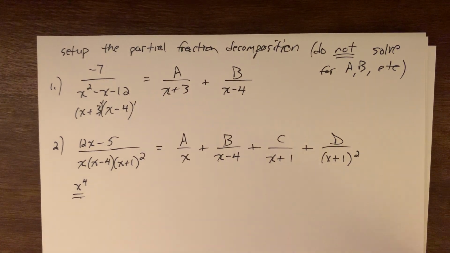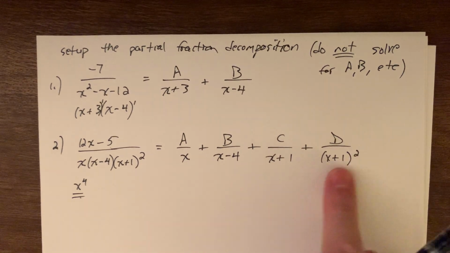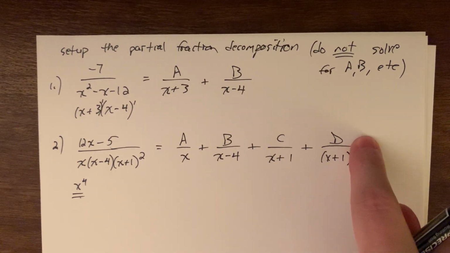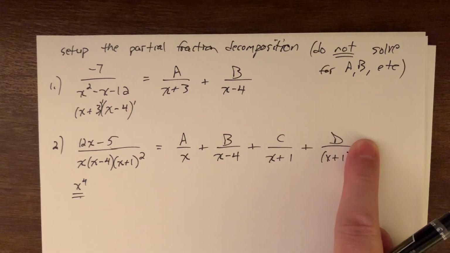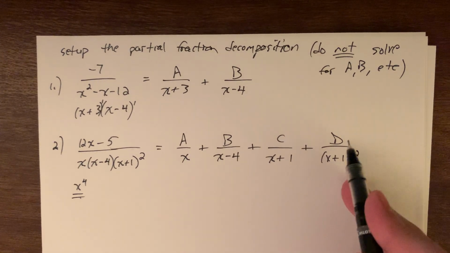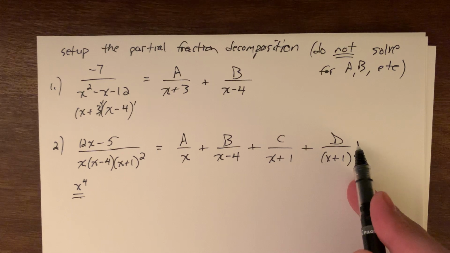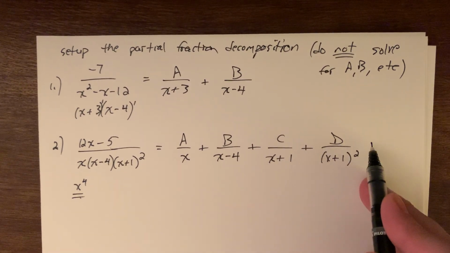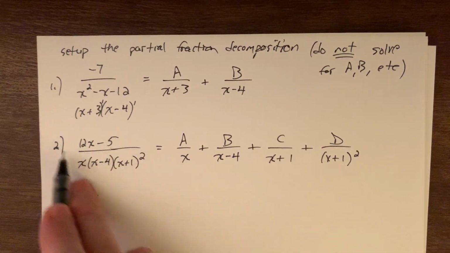Pause for one moment. Some people might say, well, wait a second. Ultimately, though this would be squared, can't this also have an x on top? You're correct, that would still be a proper fraction. If I had, say, Dx plus E, because I don't know if it's just an x, maybe it's a 4x, and maybe it also has the numerical part as well. That's proper.